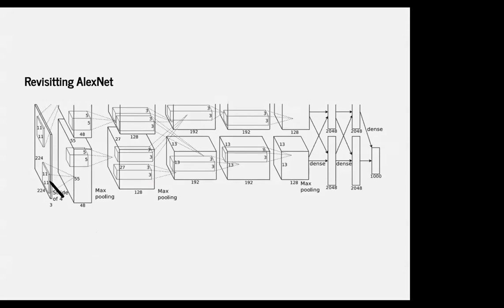So you'll see here, this is straight from the original paper in 2012, and you'll see that it's defining, this is the input. They're using 11 by 11 convolutions in this case.